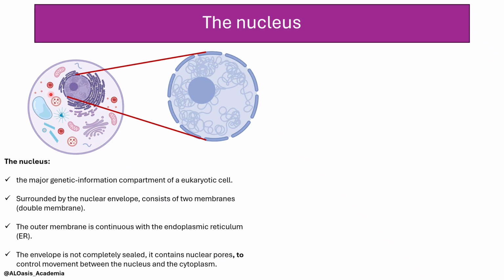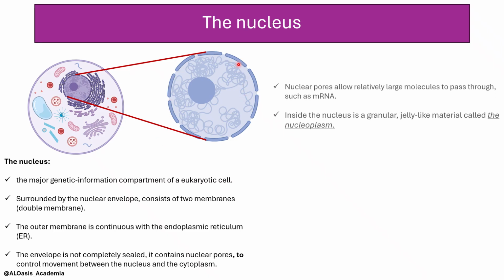Okay, so some stuff in the cytoplasm might need to get inside the nucleus, and that will happen by going through these nuclear pores. And sometimes some stuff inside the nucleus needs to pass through these pores into the cytoplasm of the cell. That's why these pores are very important.